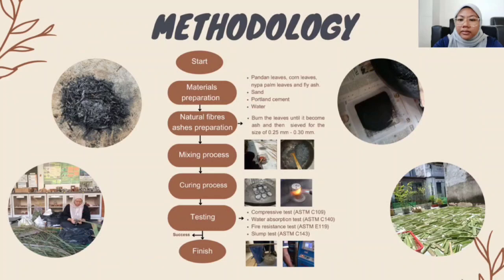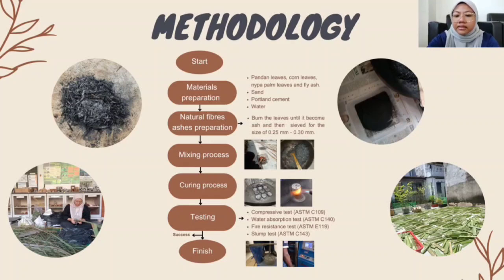Methodology. The first one is material preparation, which is pandan leaf, corn leaf, nipa palm leaf, fly ash, sand, Portland cement, and water. After that, natural fiber ashes preparation, which is to burn the leaf until it becomes ash and then sieve for the size of 0.25 mm to 0.30 mm.